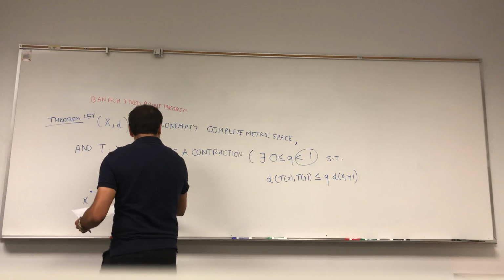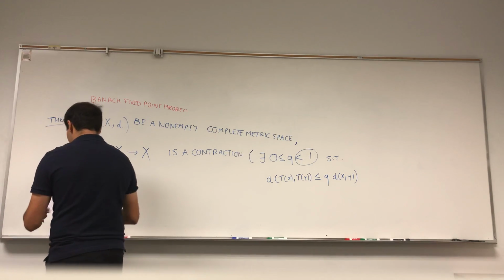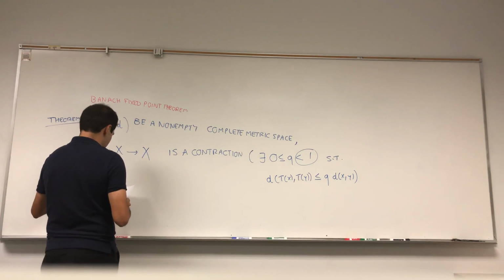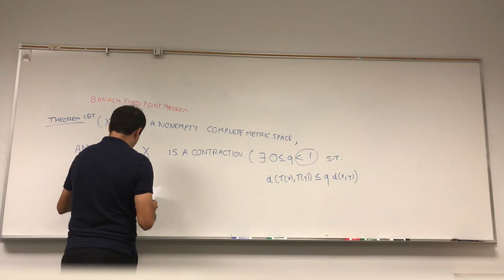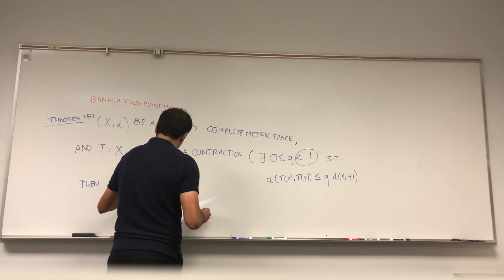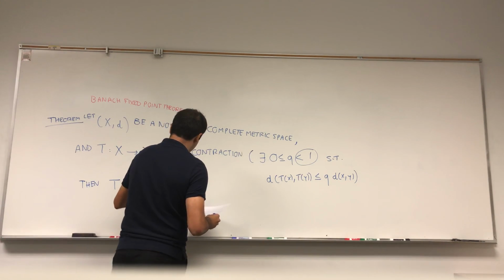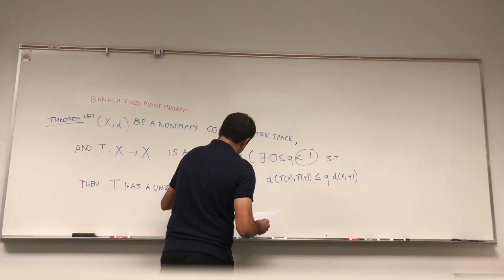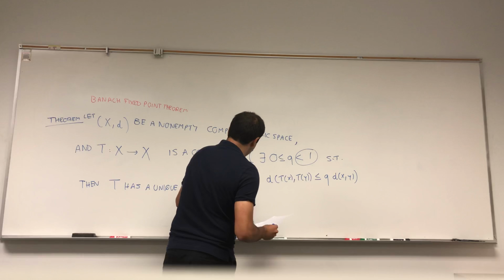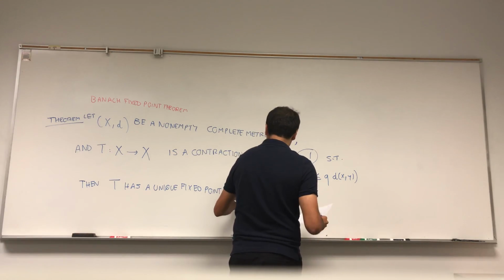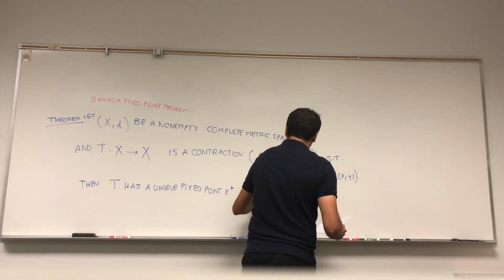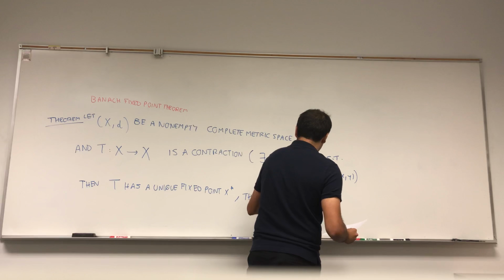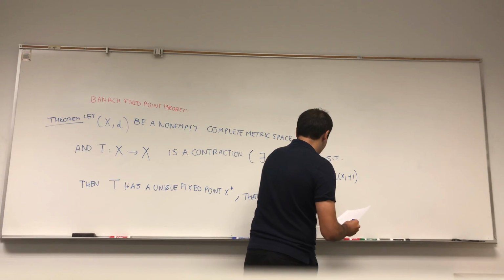Then T has to have a unique fixed point, x star, that is, T of x star equals x star.